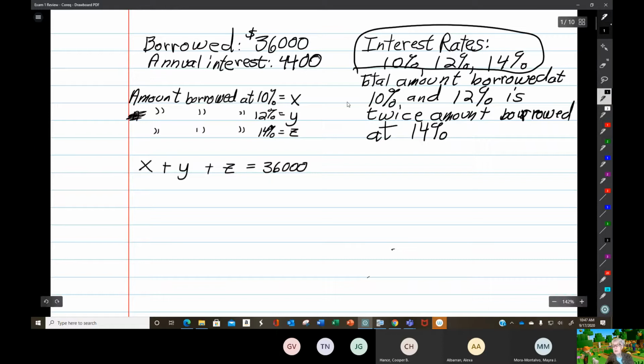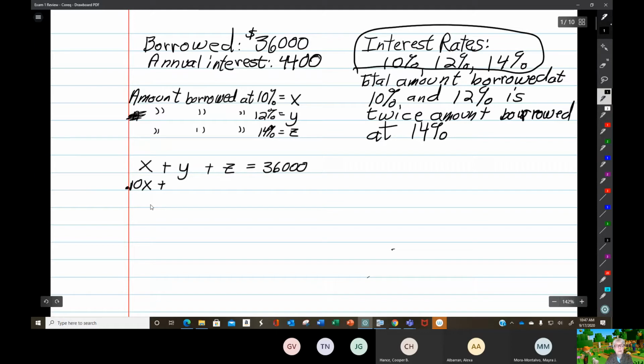We're going to change the percents here to decimals because you have to do that when you're calculating. So we also know then that if we add up the amount of the interest, 0.10 times X, that's the total amount paid back, the interest.